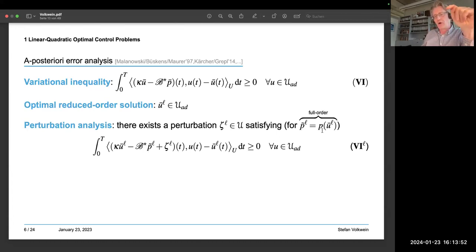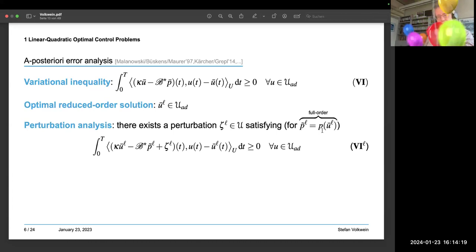I have to solve the adjoint equation, the full order equation, which means, in practice, the finite element scheme, the high fidelity model for the U bar. So you take the U bar L, the optimal reduced order solution, you solve the state equation by finite elements, then you solve the adjoint equation by finite elements, so two finite element solves.